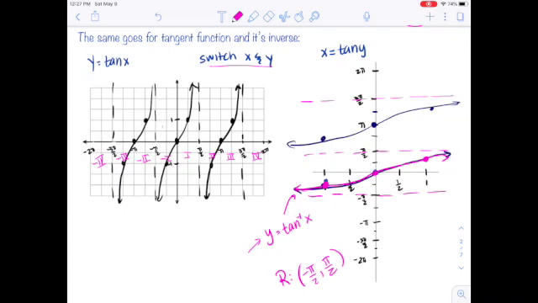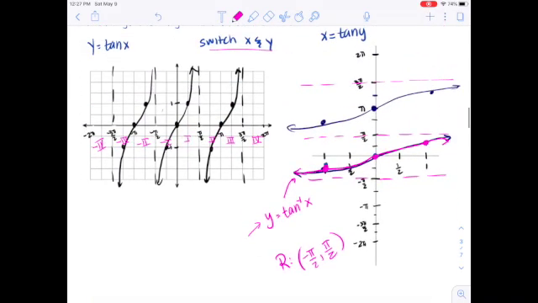So take a look. You're like, well, which quadrants are we going to use to define the easiest little piece of our tangent, right? And in pink, I've highlighted it, and you'll notice your asymptotes. So your domain does not include those asymptotes. So the range values go from negative pi over 2 up until pi over 2, but not including those asymptotes.